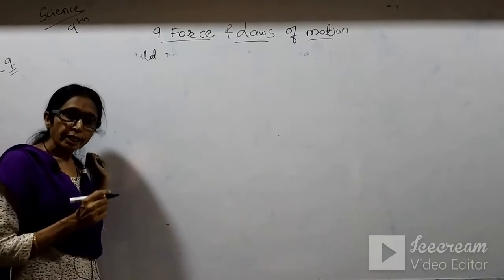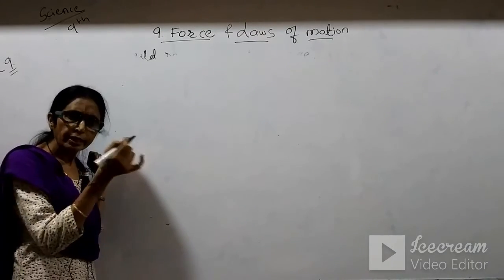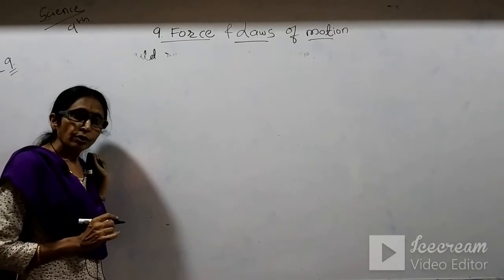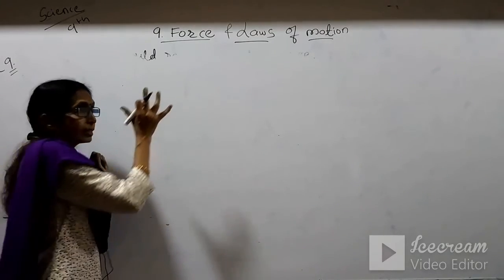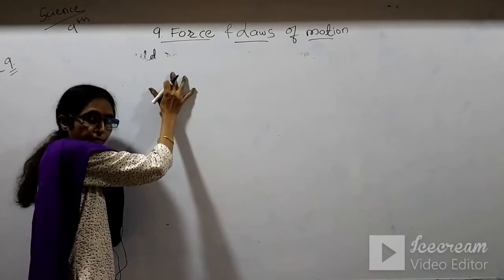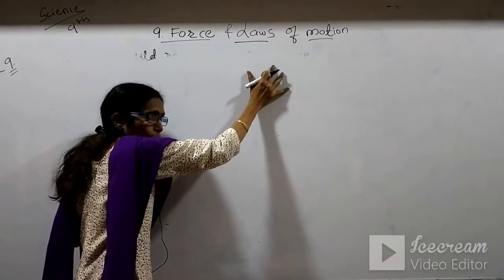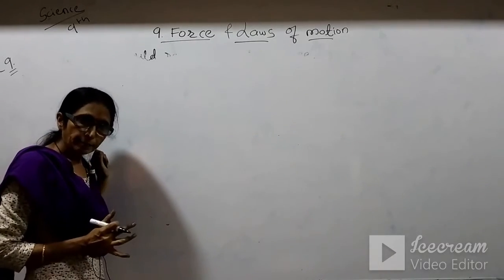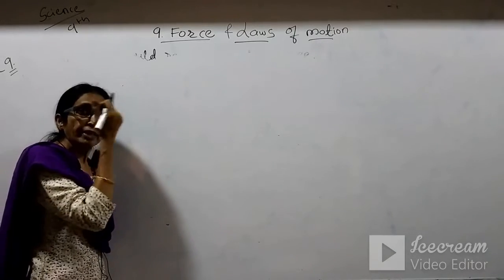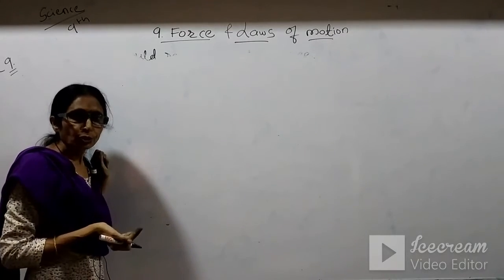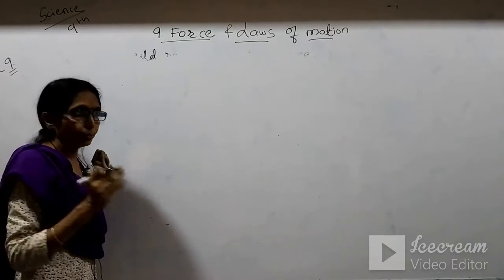While solving any numerical based on any equation, first of all, what should you do? You should make a list of what is given and what we have to find out. Then it will be very easy for you to solve the numerical.